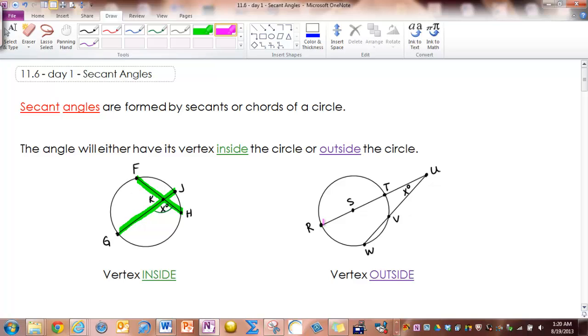Whereas in the second diagram we have two secants and they form a vertex that is outside the circle. Now each of these two different situations will have a different formula that we need to follow.